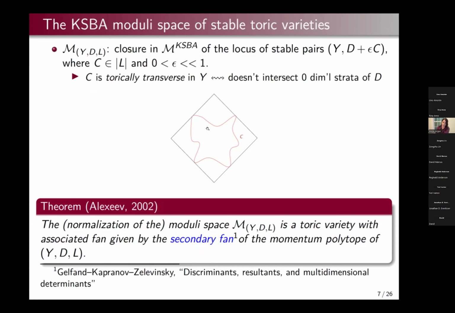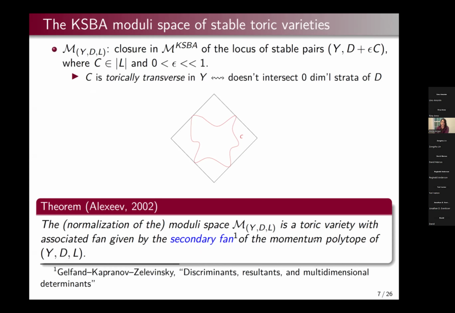And in the toric setup, this is what we're looking for as the KSBA moduli space. And in this situation, Valery Alexeev showed that the normalization of this moduli space is going to be a toric variety, and the associated fan to this toric variety is the secondary fan for the momentum polytope of (Y,D,L).